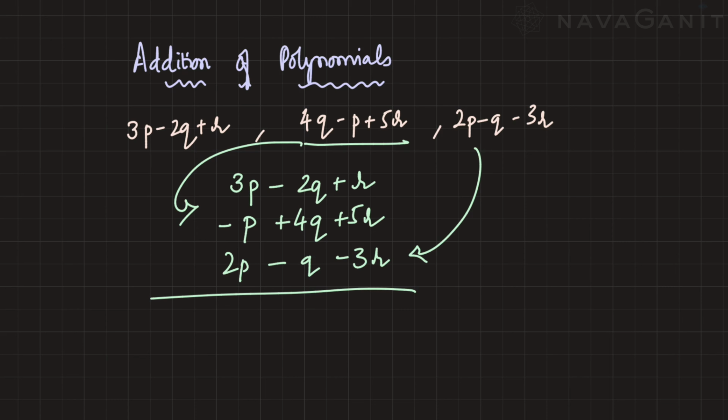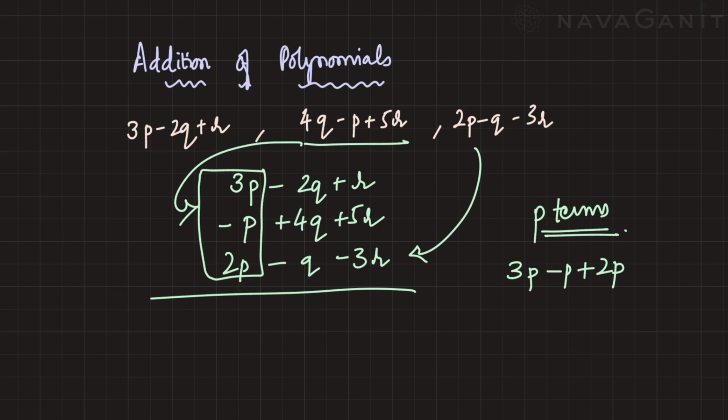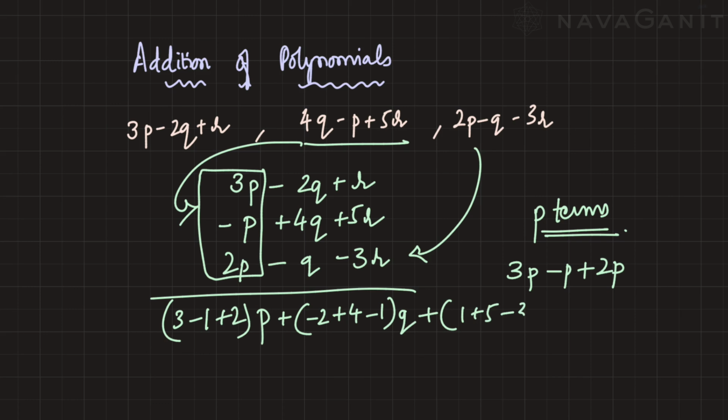Now all these three are p terms. If we add up all the p terms, this is 3p minus p plus 2p. So this is as good as adding (3 minus 1 plus 2) p, plus (minus 2 plus 4 minus 1) q, and for r we have (1 plus 5 minus 3) r.